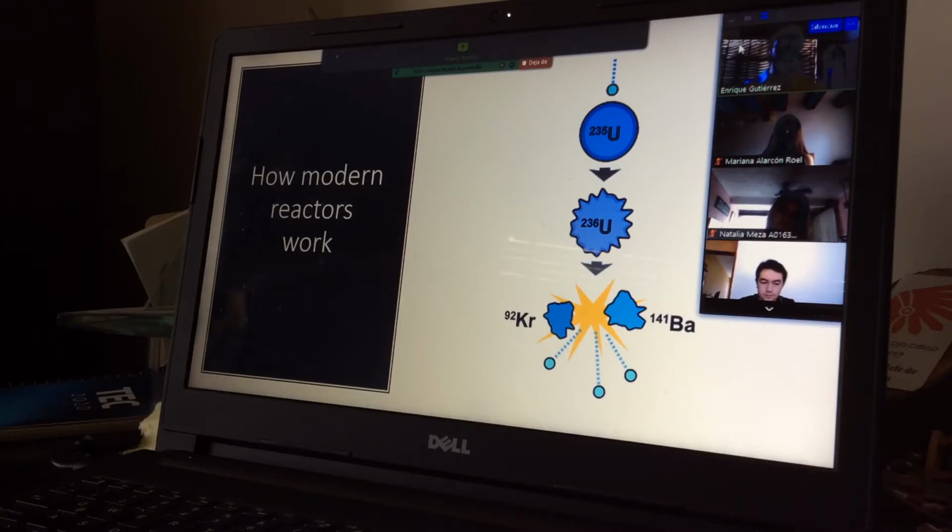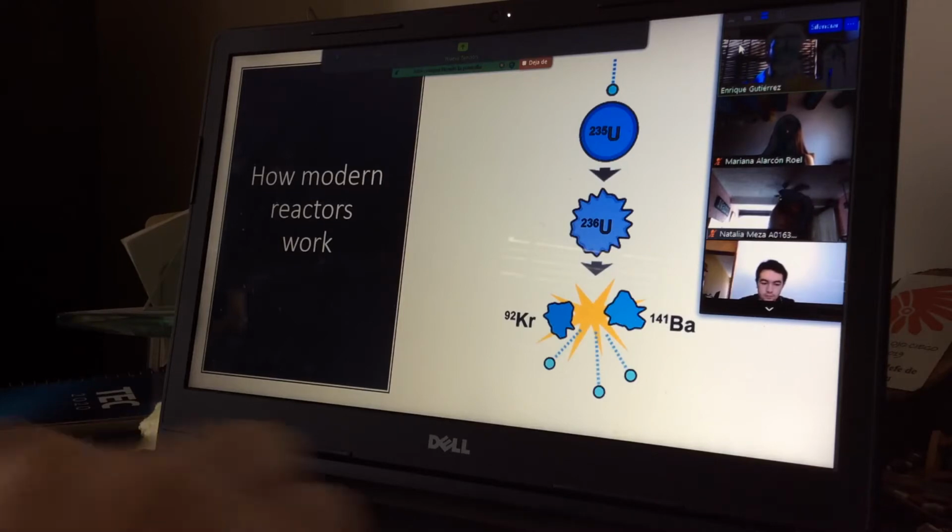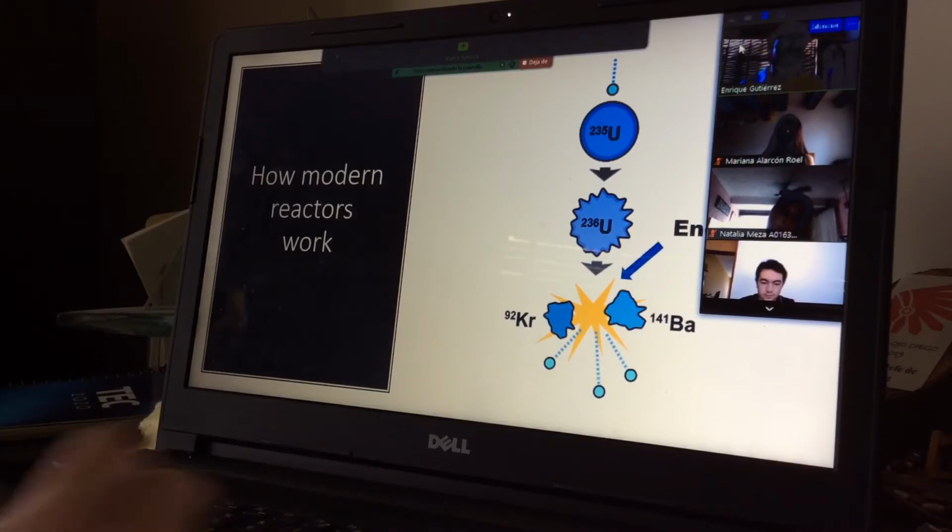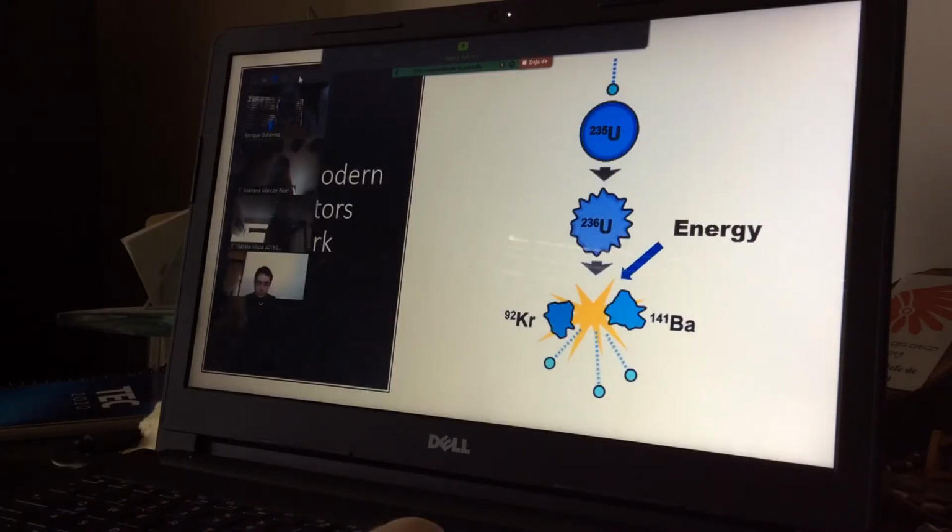So the uranium atom splits into two smaller atoms, liberating energy and three other neutrons that can cause other chain reactions. This energy is used to boil water, and this water is turned into steam, and the steam is used to power a turbine that generates the electricity.